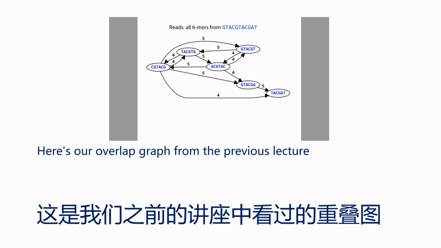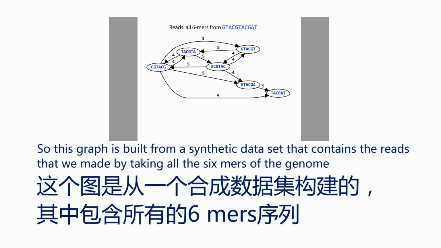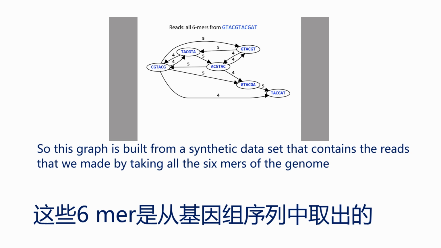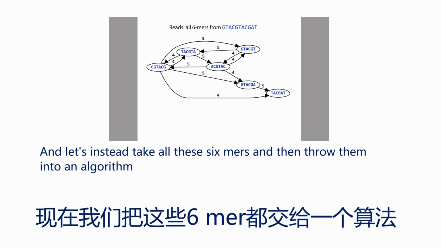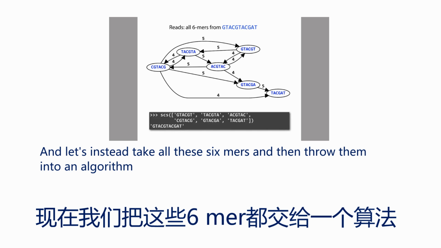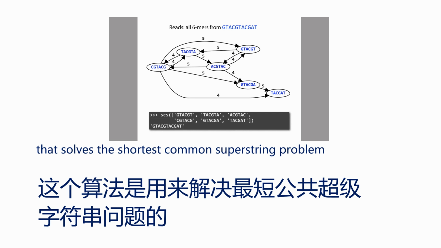Here's our overlap graph from the previous lecture. This graph is built from a synthetic data set that contains reads that we made by taking all the 6-mers of the genome. Let's instead take all these 6-mers and throw them into an algorithm that solves the shortest common superstring problem.